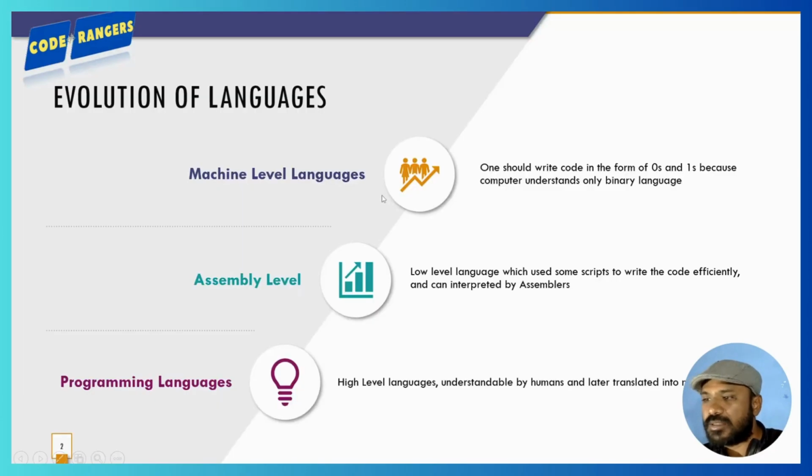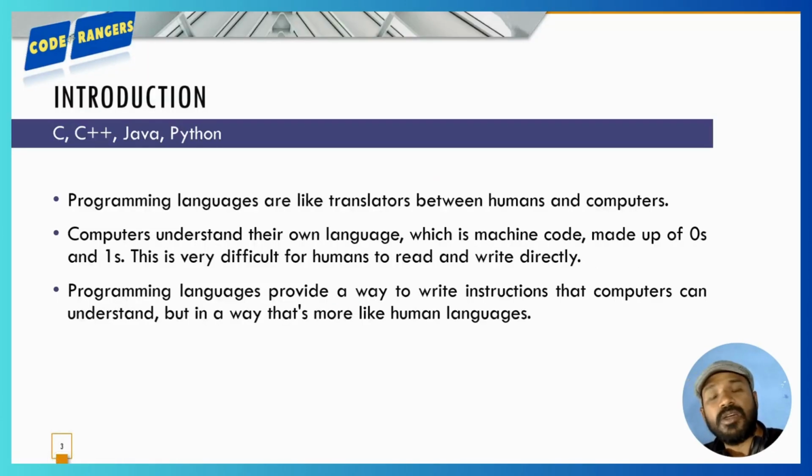Why programming languages? Clear? These are the programming languages which play a very major role, which help us to interact with that particular machine. How are we interacting? We interact in our own language. Let us say we are English people, and we know English, and we give the instructions to the machine in English, and this programming language helps us give the instructions to the machine in English.